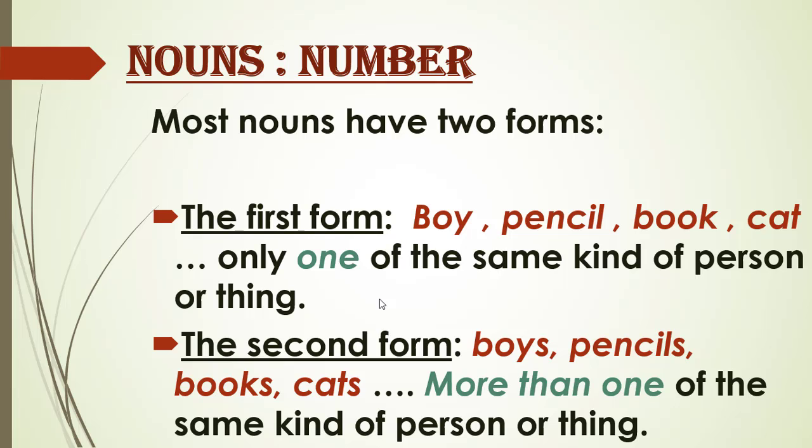There was only one noun. But in the second form, there were more than one of the same kind of person or thing. Second block में एक से ज्यादा चीजें थी, तो हमने उनको s लगा के plural बनाया, like boys, pencils, books and cats. Let's move towards further examples.